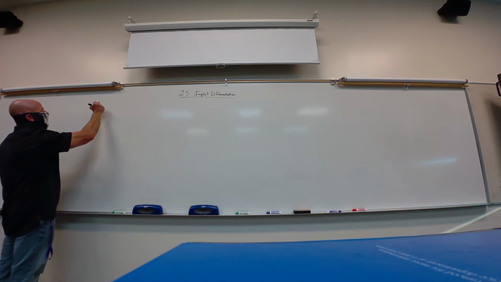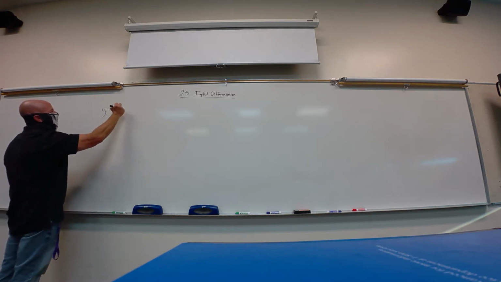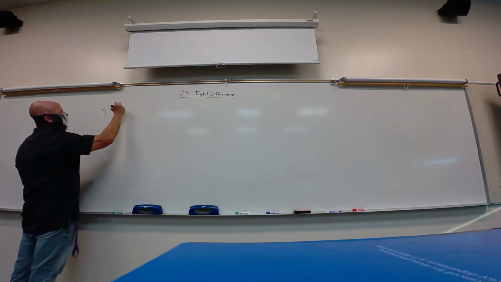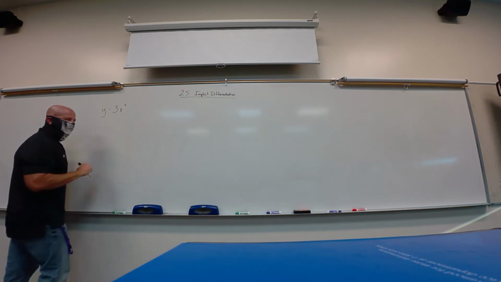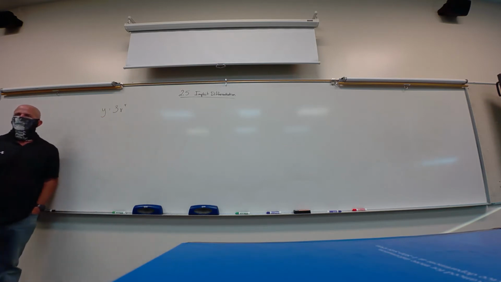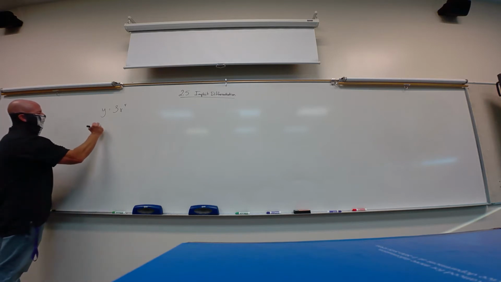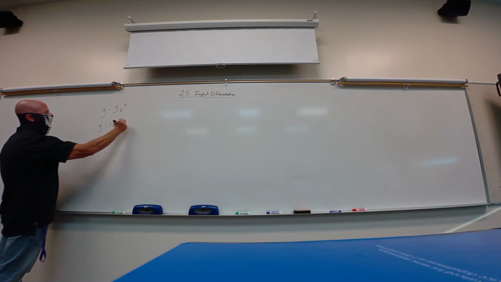If I said y equals 3x to the fourth. Some basic derivative here. Okay. And so our derivative would be y prime equals 12x cubed times 1.